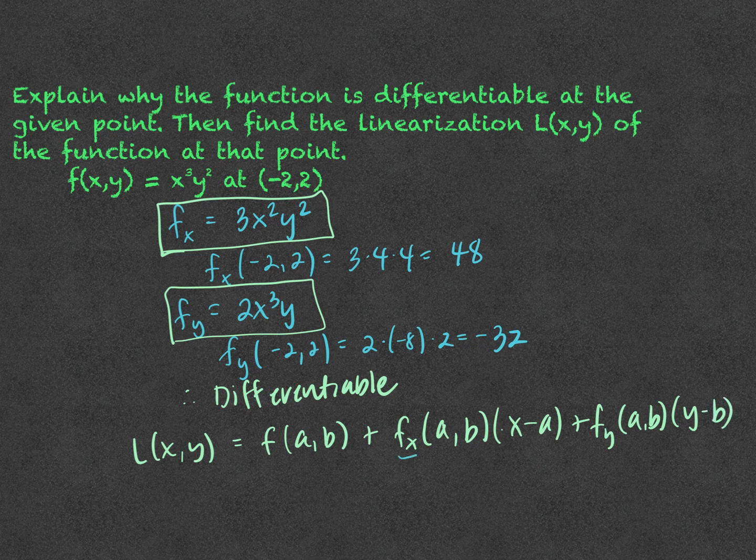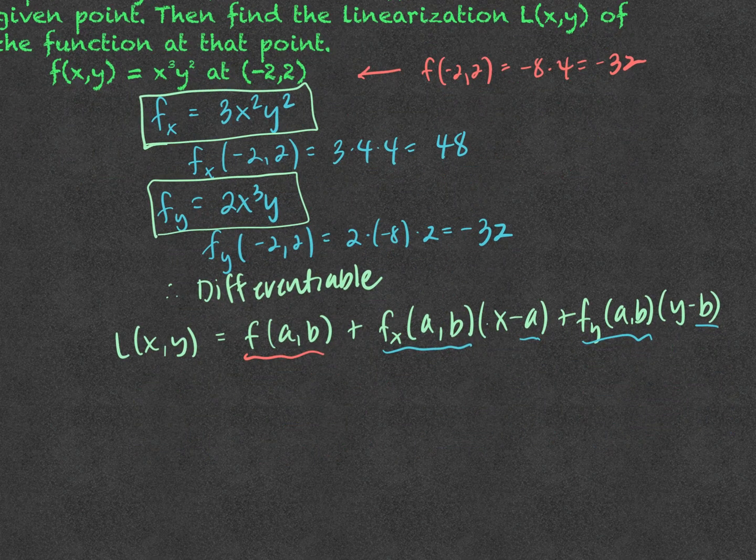If we look at what we have, we have this value, a, we have this value, b. We don't have the function value at (a, b). So let's go back up here and say f of (-2, 2) equals negative 2 to the third, which is negative 8, times 2 squared, which is 4, which is negative 32. So now we can plug this into our linearization formula.